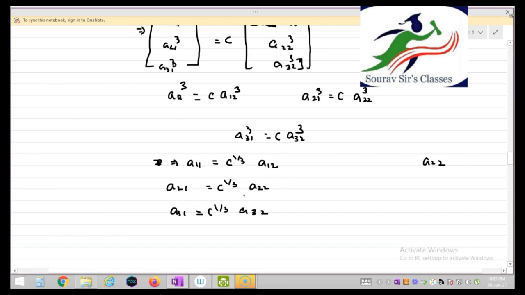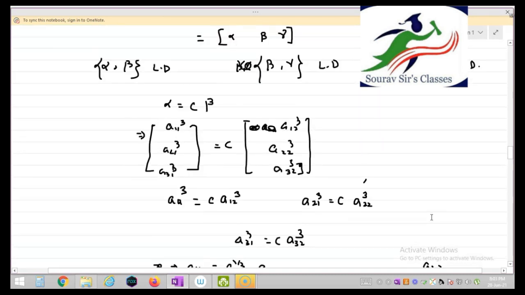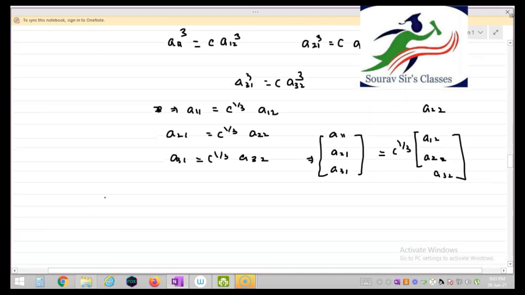So from this I can say that A11, A21, A31 is equal to C to the power 1 by 3 into A12, A22, A32.